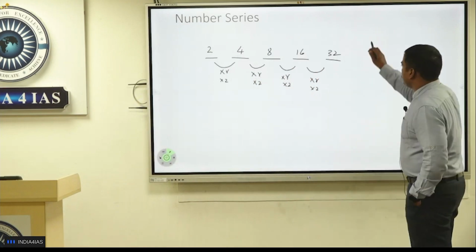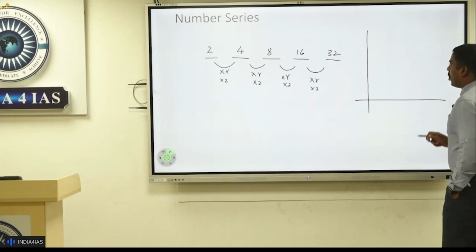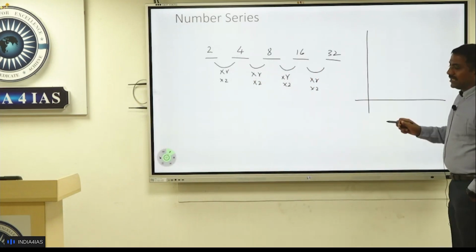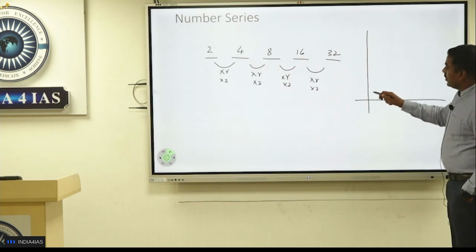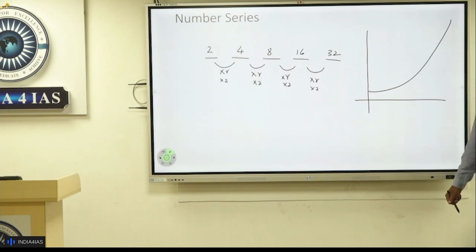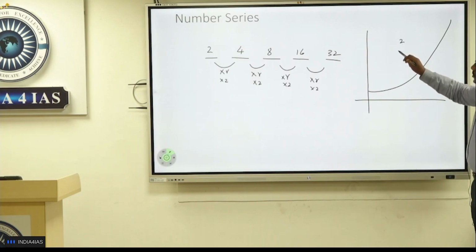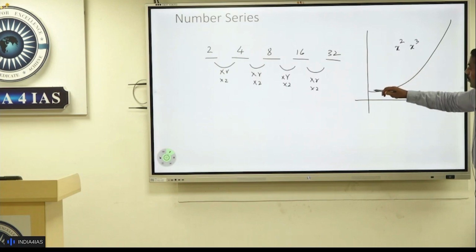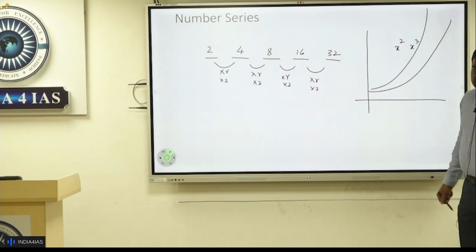Understand? If you plot a graph for 2, 4, 8, 16, 32, it will be suddenly rising. Either it is something to the power of 2, maybe x square or x cube. X cube will rise even more exponentially.